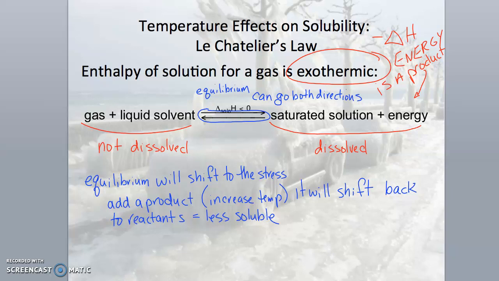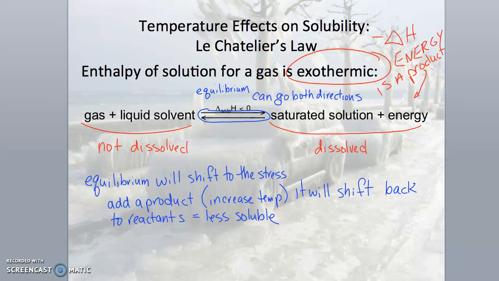What an equilibrium does not mean is that everything's equal on both sides. We can have an equilibrium that's primarily products, or we could have an equilibrium that's primarily reactants. In this case, that's not important. This will be important later. But for now, we just want to know where the energy goes in this reaction. In this case, we said it's exothermic, so energy is a product.